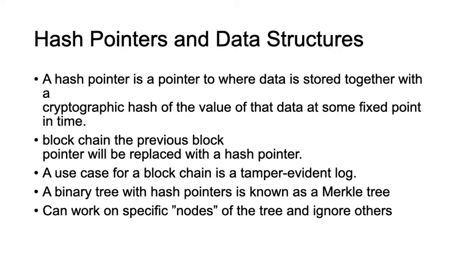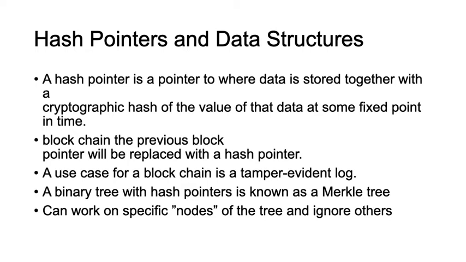Next, let's talk about hash pointers. A hash pointer points to where something is stored along with a cryptographic hash of the information. This allows us to ask for the information back as well as verify the information hasn't changed.